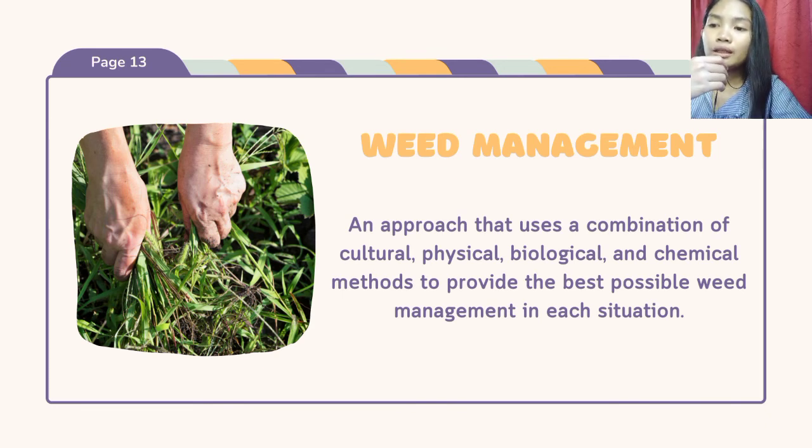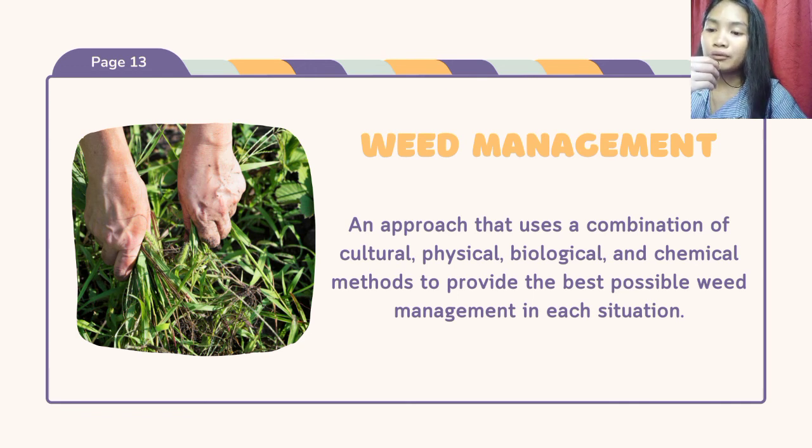An integrated approach to weed management. Integrated weed management is an approach that uses a combination of cultural, physical, biological, and chemical methods to provide the best possible weed management in each situation. An integrated approach can greatly increase the effectiveness of your efforts while reducing the expense associated with herbicide use.